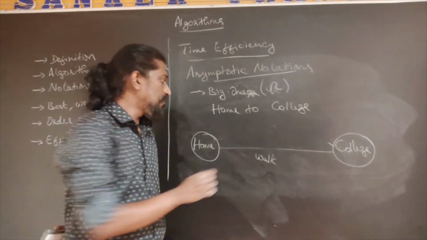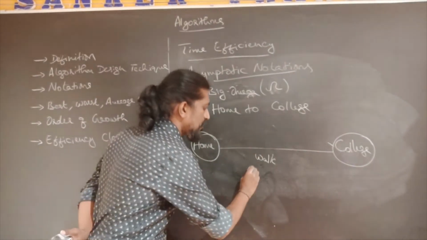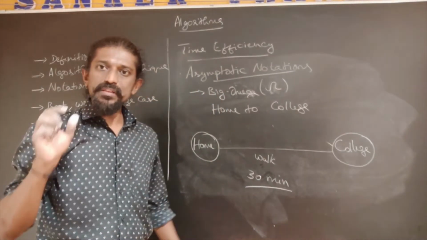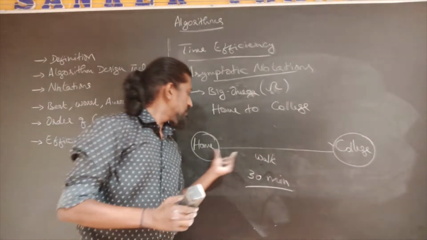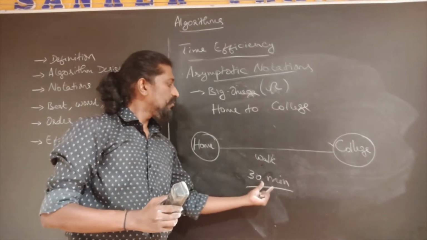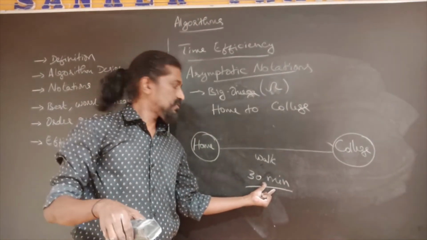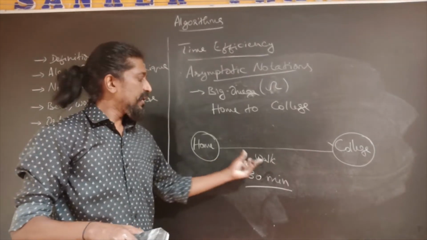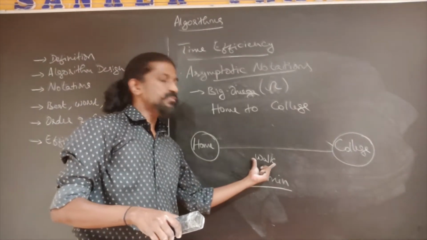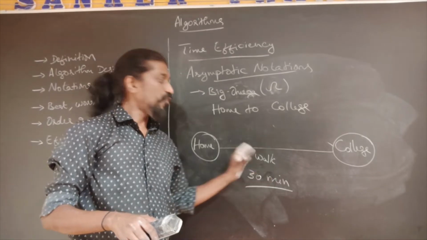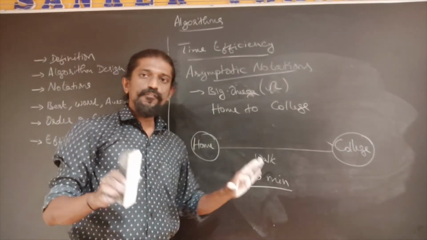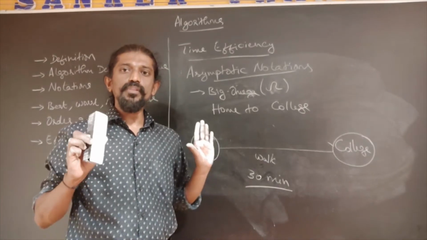Say for example, if 30 minutes is the minimum requirement for me to reach the college from my house, it means that I can't reach the college from my home in less than 30 minutes by walking. It means I can't solve this problem in less than 30 minutes using this particular algorithm design technique. For this particular technique, using this particular algorithm, this is the fastest time that I can achieve.